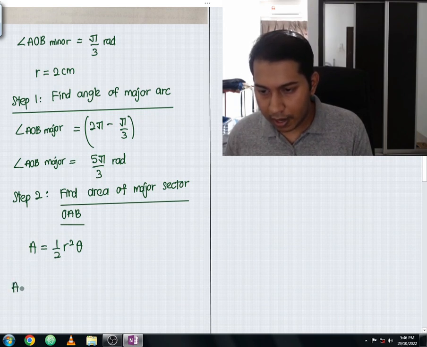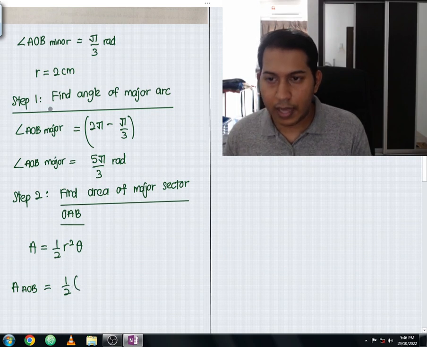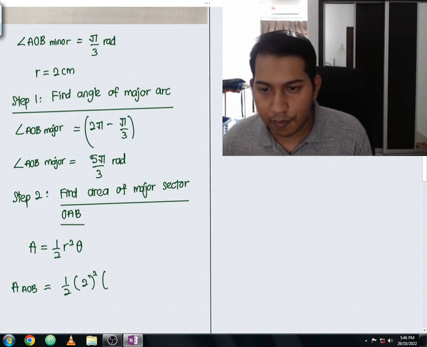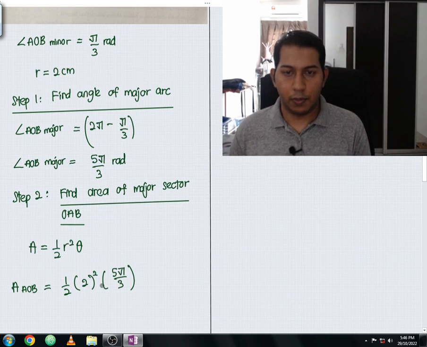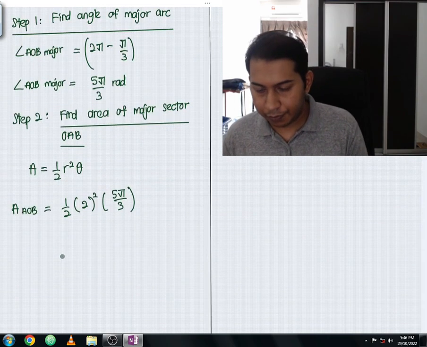Area of major sector AOB is equal to half times r square. The radius we have already obtained in the question, which is 2 centimeter, times the theta here. In this case the theta is 5 pi over 3, so we just write it as it is, 5 pi over 3, close bracket.